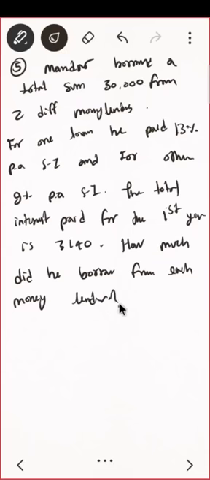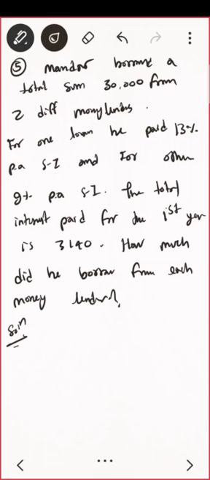Read the question and tell me what are the things given and what you have to find out. You are having two money lenders here, and what is unknown to me? Yes, what is unknown to me?